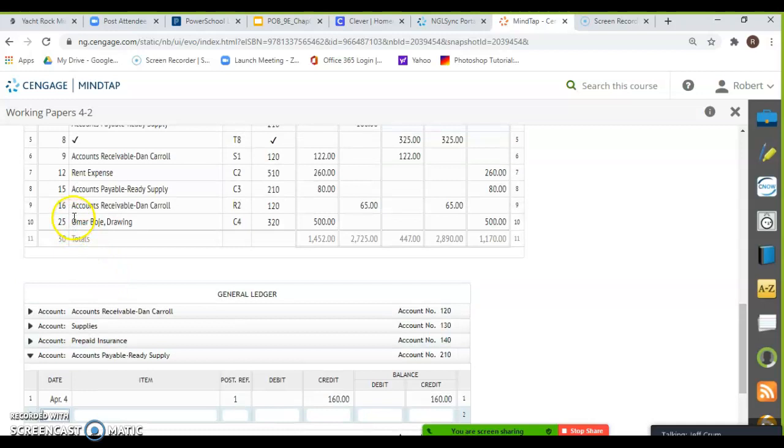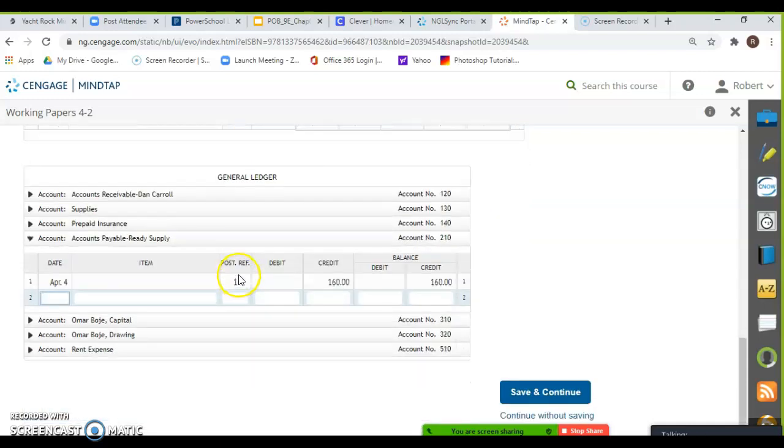Then he had another transaction on the 15th for a debit of $80. So we'll go down here, APR 16. The debit on that one was 80.